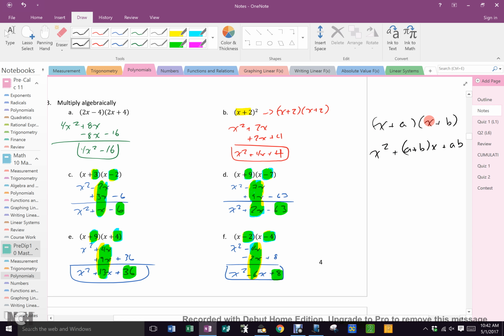Okay? So if I gave you this, x plus 3, x plus 4, what's the answer? It should take about 10 seconds. X squared plus 7x plus 12.